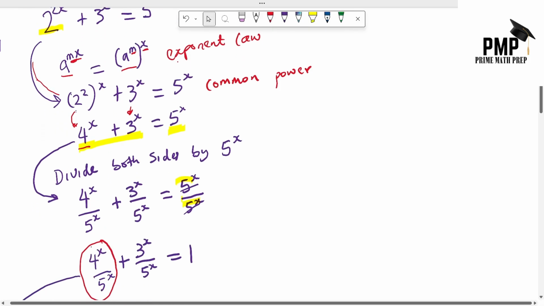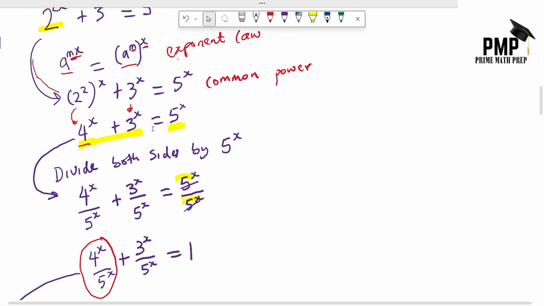We now said, how can we equate this equation to 1? We need to introduce 1 into this equation. We divide both sides by 5 to the power of x to clear the right-hand side.